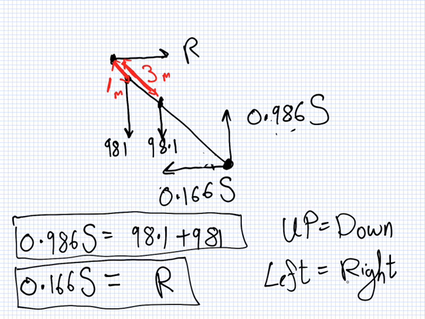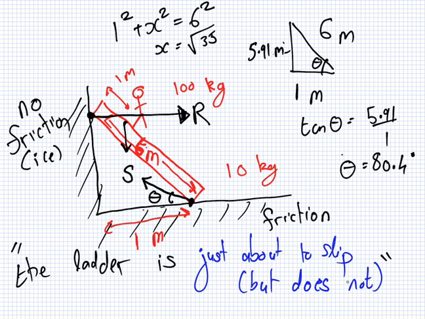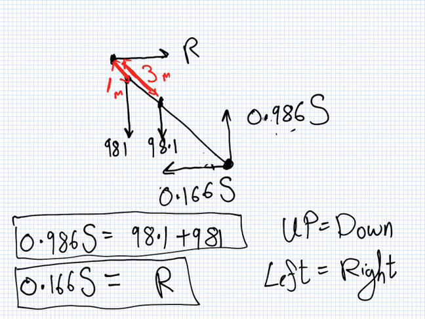Something very bad. Sorry, I'm not thinking. This angle here is not the same as this angle here. See this 80.4? That's for the ladder. This angle here for the reaction is not the same. So in other words, my problem is here.